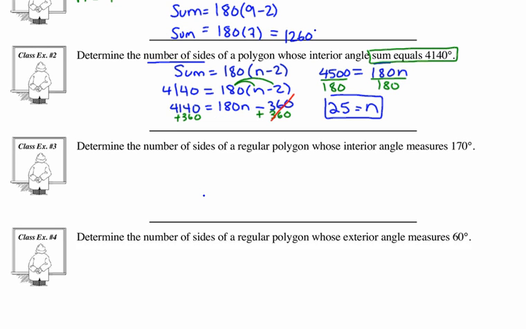Determine the number of sides, so we're wanting n, of a regular polygon. Ooh, that's important to know, because all the angles are equal. Whose interior angles measure 170. Now, there's a formula we learned about before, right? We know if it's regular, all the angles are equal.